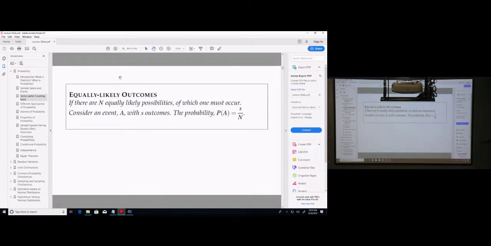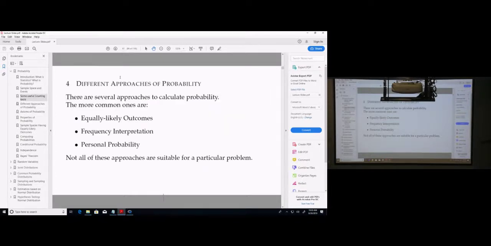Now, the nice thing about this approach, equally likely outcomes, is that we don't even have to perform the experiment, because everything can be done through conceptual considerations. For example, I don't really need to seek out a coin and show that the probability is half, because my argument is experiment free.